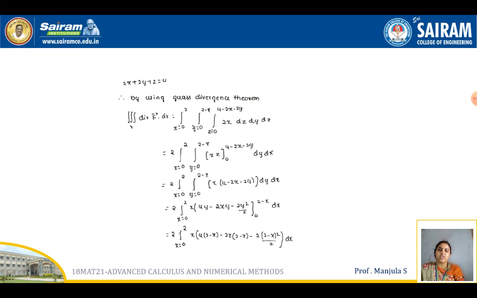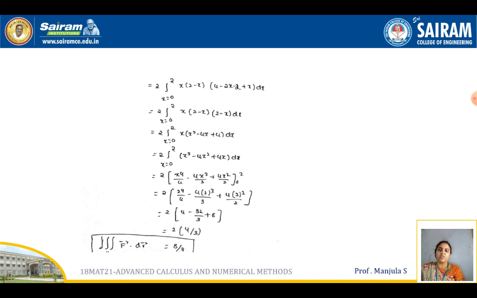On simplification we can write that the equation will be like this. Finally we have to do the simplification. Finally we are getting the equation as x cube minus 4x square plus 4x. This equation, do the integration with respect to x and then substitute the limit 0 to 2. Upper limit is 2 and lower limit is 0. On simplification we are getting the required solution as 8 by 3. This is our required solution.